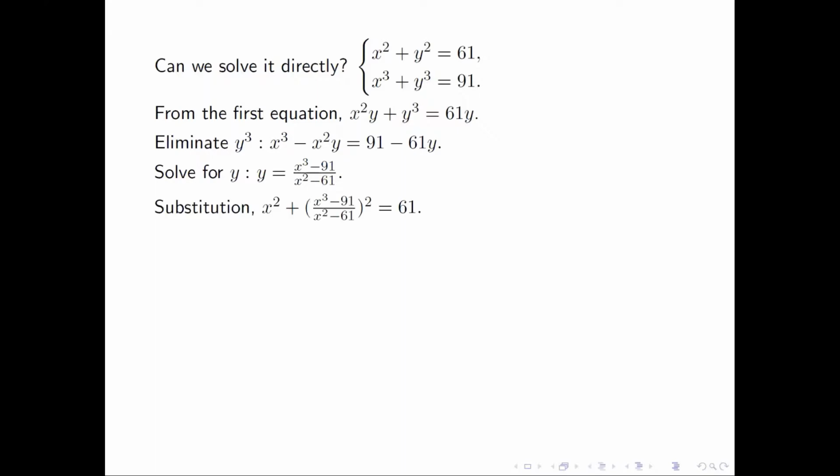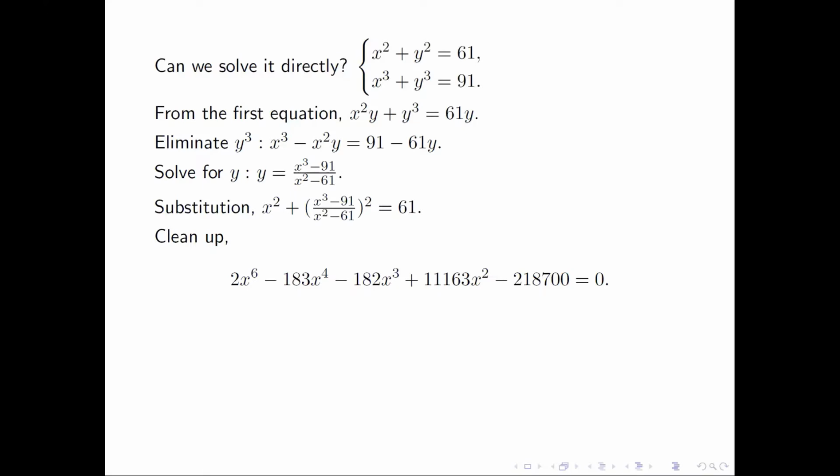We plug it into the first equation. x squared plus y squared, with y replaced by the expression in x, equals 61. So we clean it up. Square, expand the square, and multiply the denominator. We get a polynomial for x, which is a 6-degree polynomial.